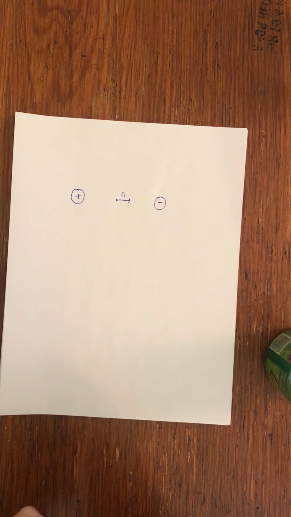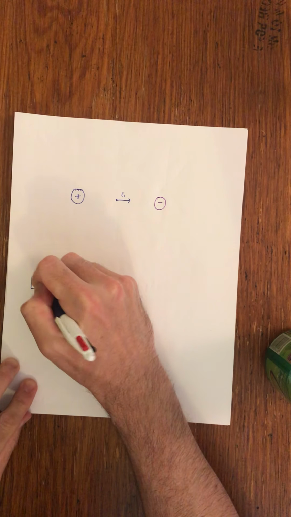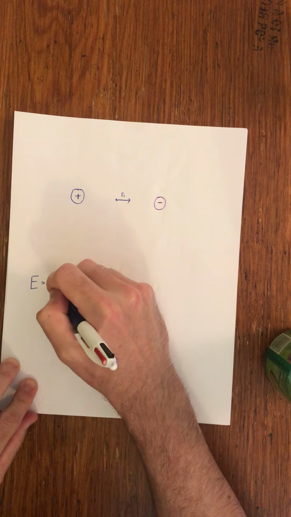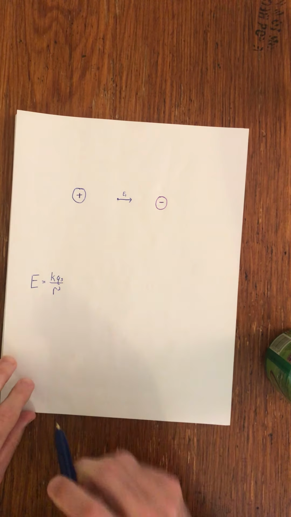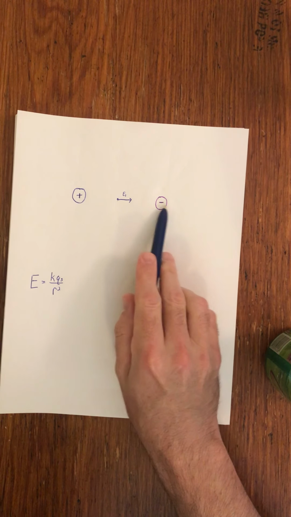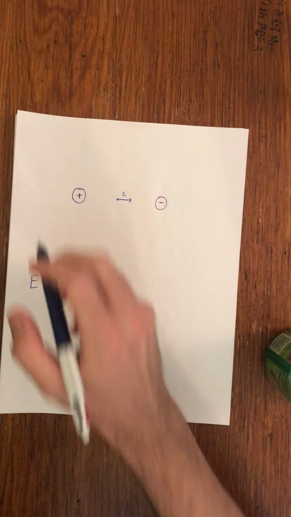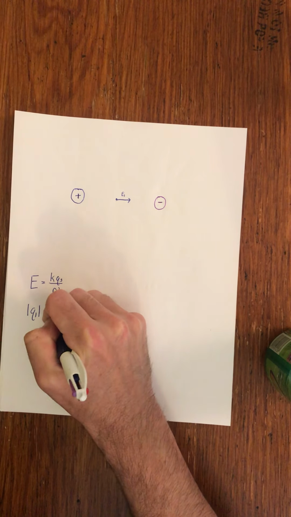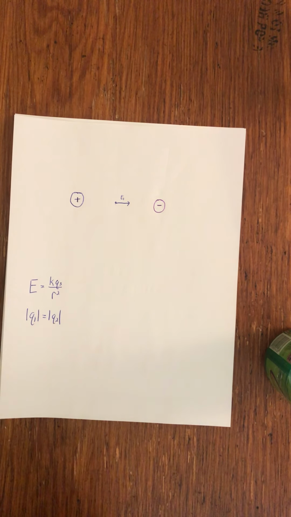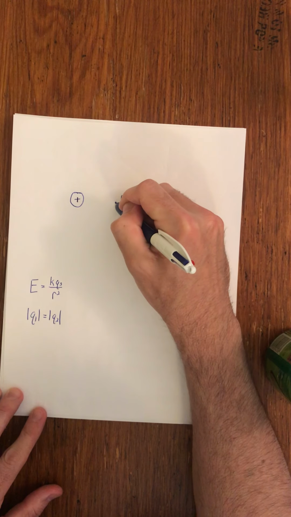So let's remind ourselves of something. What we're going to remind ourselves is that the electric field strength at a given point due to a point charge is K Q source over R squared. Since the R for both of these is equal to this point, and we're going to say that the magnitude of Q1 is equal to the magnitude of Q2 for the moment, then I would draw a vector of equal length as E1, and it would be going radially inward at this point.